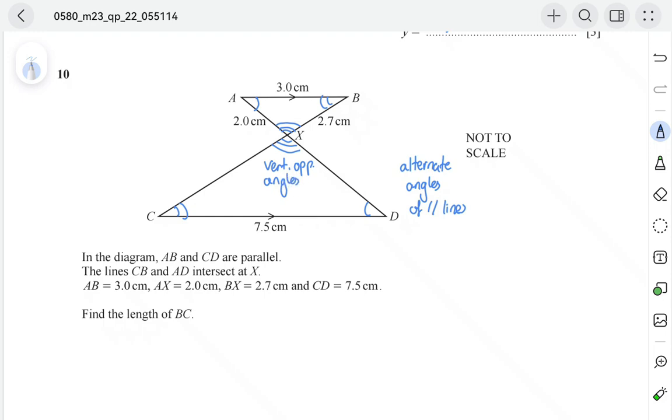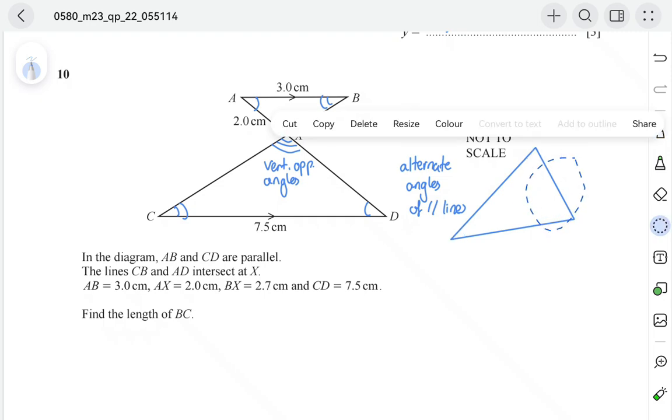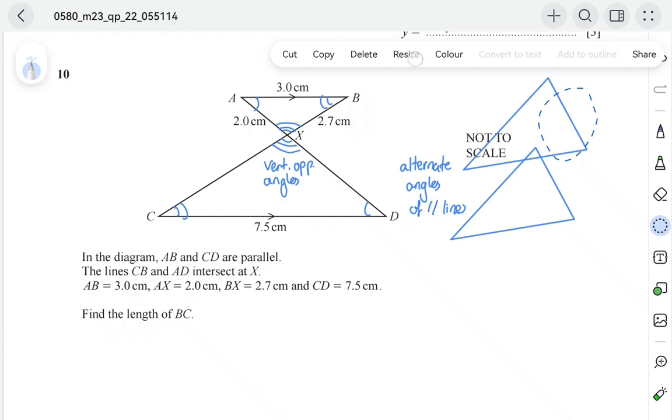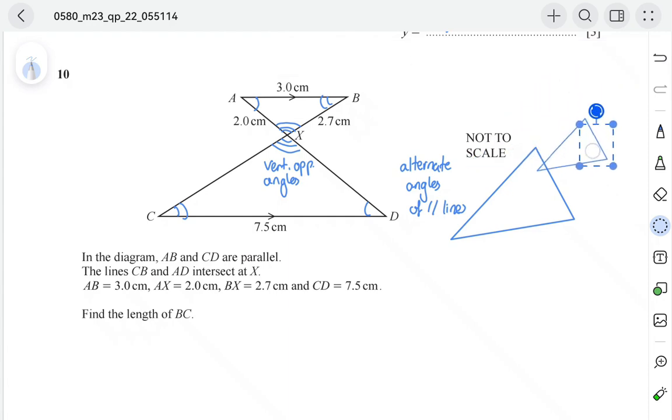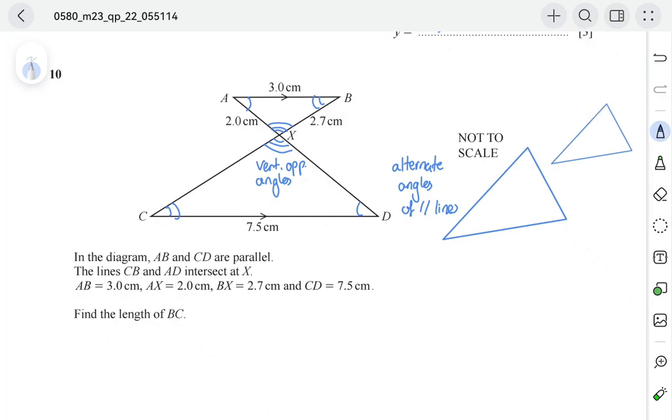So, because of this, we actually know that there are two similar triangles here. Let's draw them out for easy visualization. So here we have triangle 1 and triangle 2.